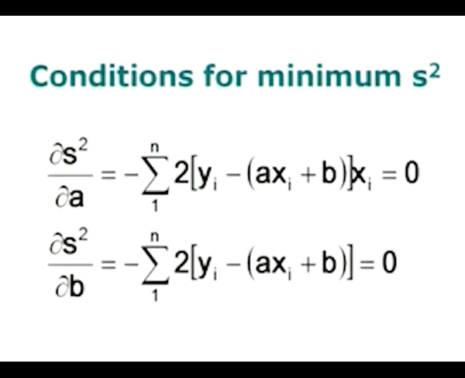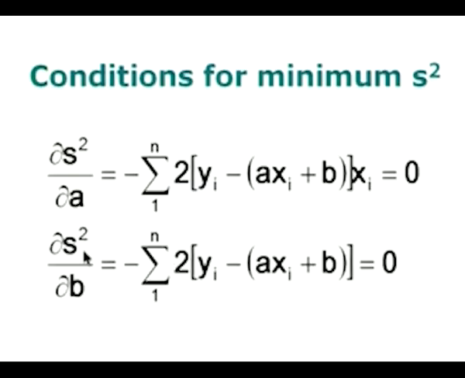I have done that here: minus 2 sigma 1 to n of (y_i minus (a x_i plus b)) multiplied by x_i equals 0, because when I differentiate (y_i minus y_f) whole squared with respect to a, it gives 2 into (y_i minus y_f) multiplied by the derivative of this with respect to a, which gives you x_i with a negative sign. So, I have put the negative here. In fact, that negative is not going to play a role.